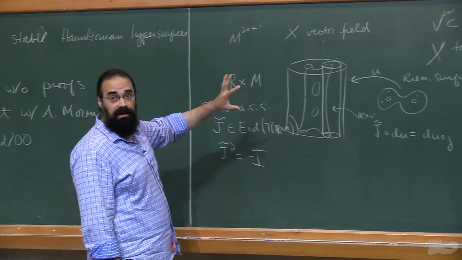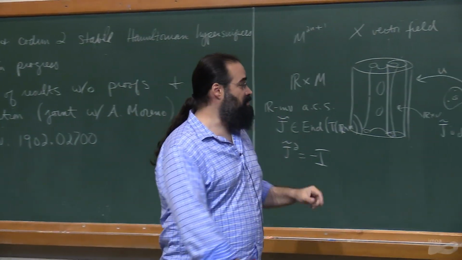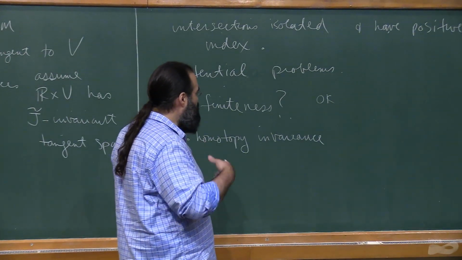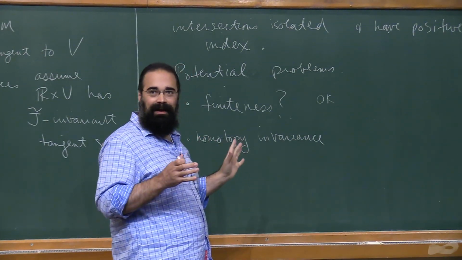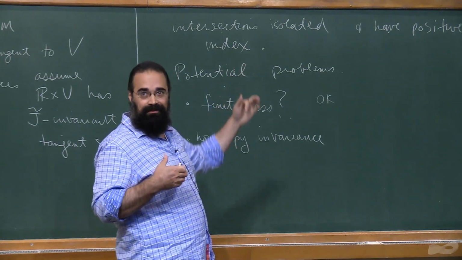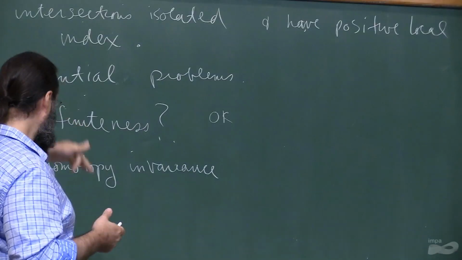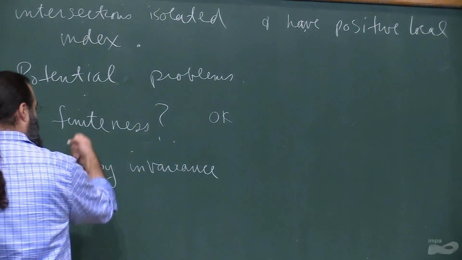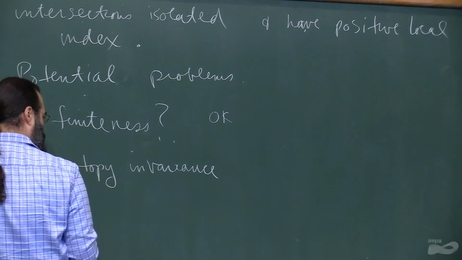And this actually does happen. This is unavoidable. But it turns out we can quantify what happens when we lose intersections at infinity, or they run in from infinity. And so we can define the intersection number, but the problem is it's not homotopy invariant.